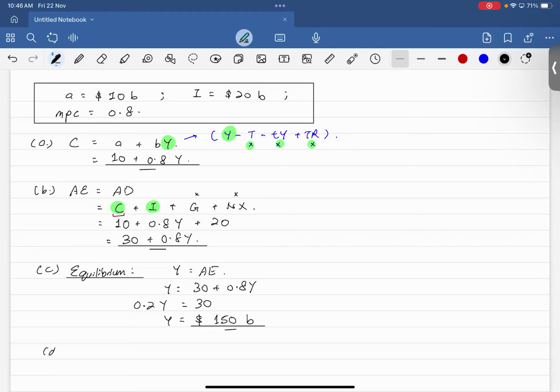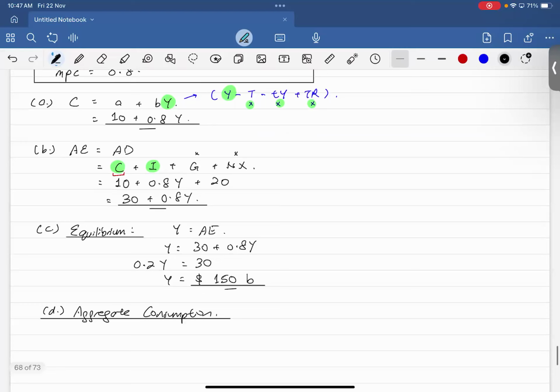Question D, aggregate consumption. That means in the form of values. So now we substitute that in. Just now we said consumption equals 10 plus 0.8y. So 10 plus 0.8 times 150. Substitute that in and then calculate, you will get 130 billion.